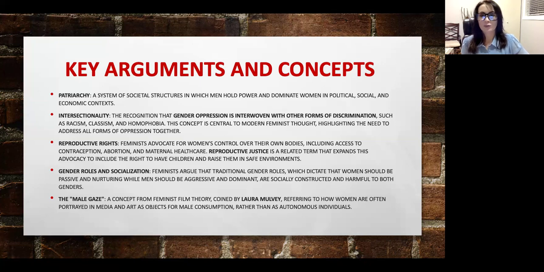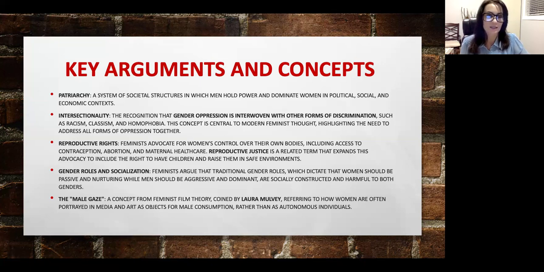All of them are socially constructed and harmful for both genders, because violence against women is not only women's issue. It is actually men's issue, because women are not the ones who are oppressing the other gender, but being oppressed. So therefore, violence against women is men's issue. That is a very deep argument.